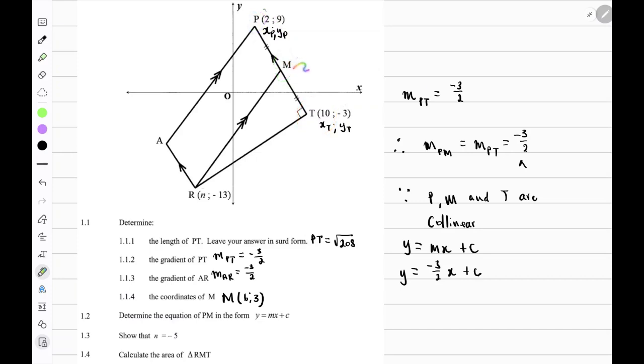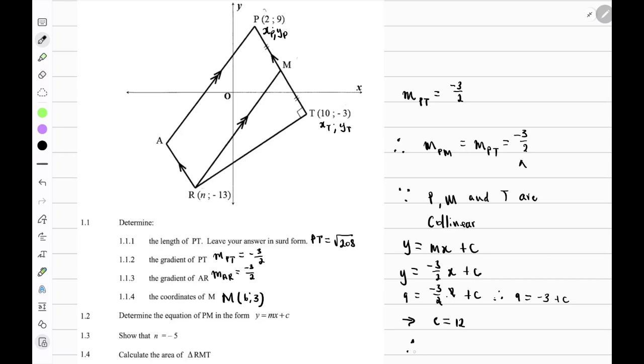So I'm going to use p. So when the output is 9, negative 3 over 2, the input should be 2 plus c. So 2 and 2 cancel out. So therefore 9 should be equal to negative 3 plus c, and this implies that c should be equal to positive 12.